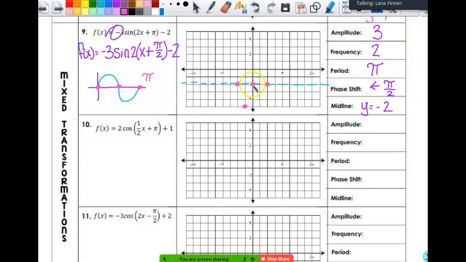And then between these two, I would go up 1, 2, 3. So those are my 5 anchor points. Once you've got those on there, you just repeat them. Any questions on how to get to any of that or anything at all? Alrighty, so we'll just finish this up then.